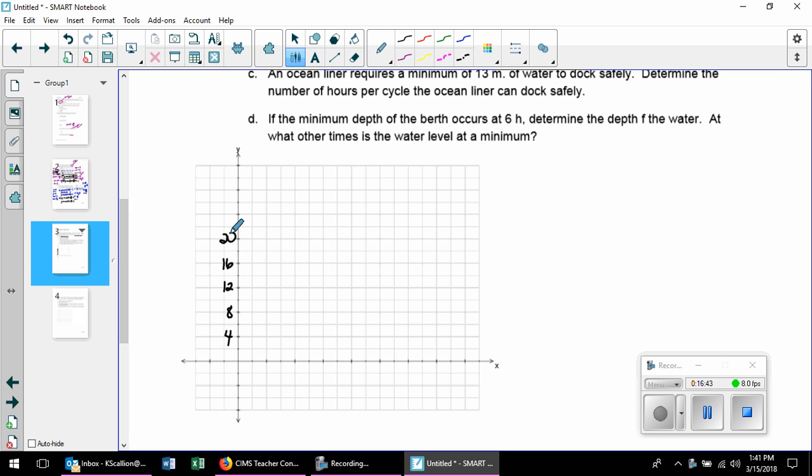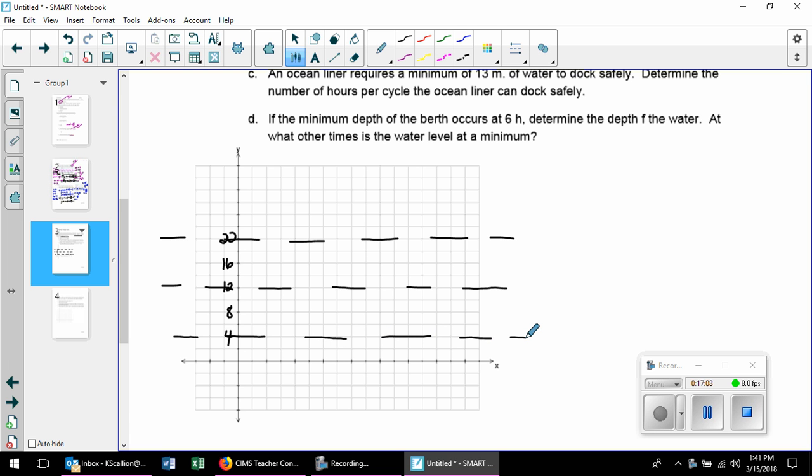Now I like to put my lines on there, so I know my median occurs at 12. I know my maximum will occur at 20. When will my minimum occur? Will it occur at 2? Okay, so 12 minus 8 is going to put me at 4.